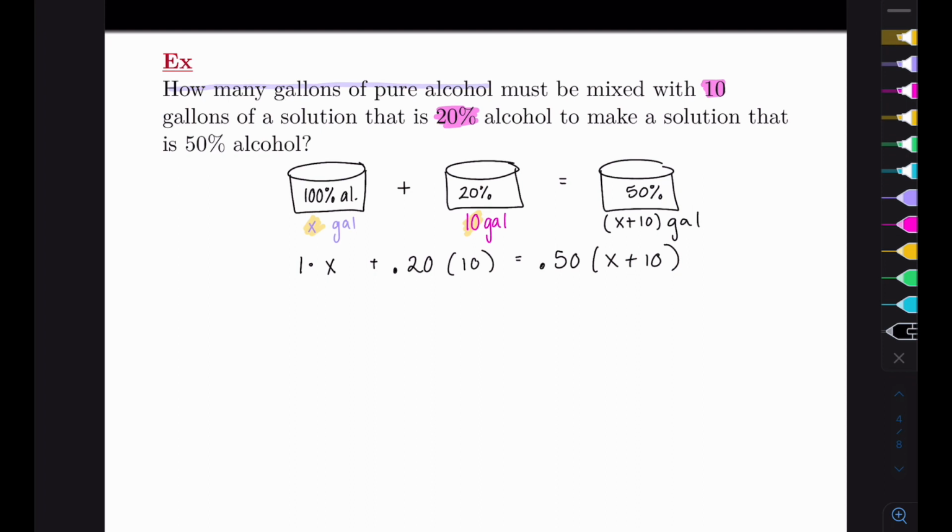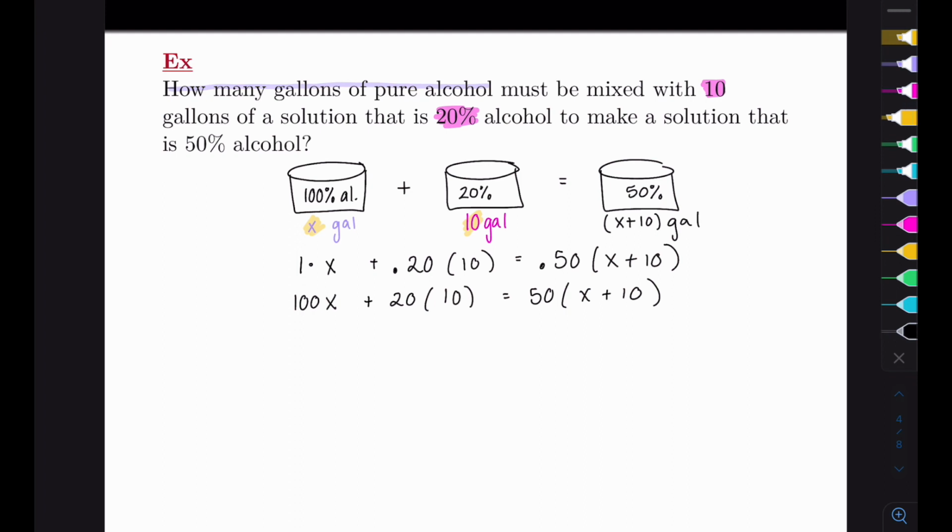To show you just another option instead of doing the decimal forms, you really can use the numbers. So you can say 100x, 20% leave it as 20, 50% leave as 50. That also works, and you'll end up with the same answer.